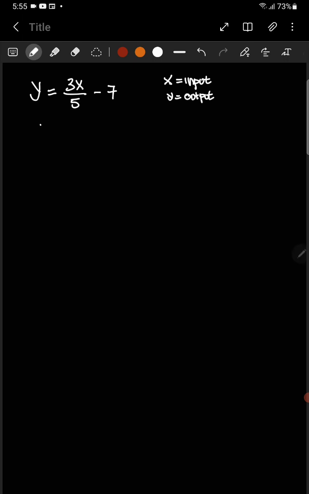I have the x, and then what is the thing that we will do to the x? We will times it by 3. After we times it by 3, then what? You divide it by 5.